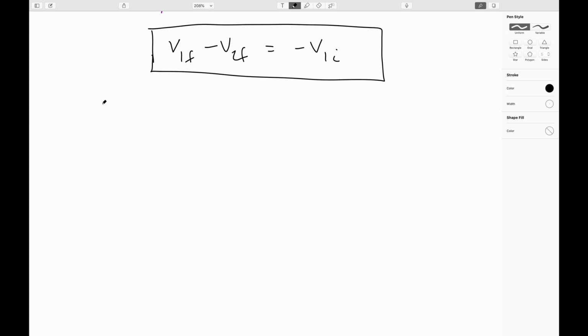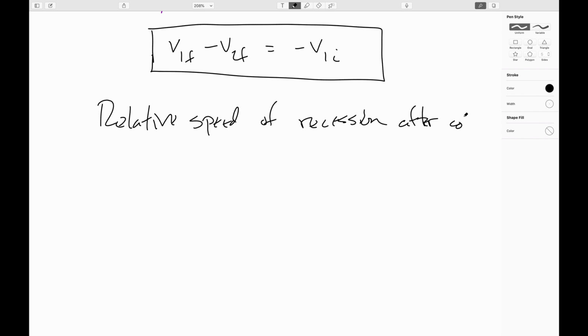So what we get is that the relative speed of recession after collision equals the relative speed of approach before the collision. So I find this a really useful result to have hanging around.